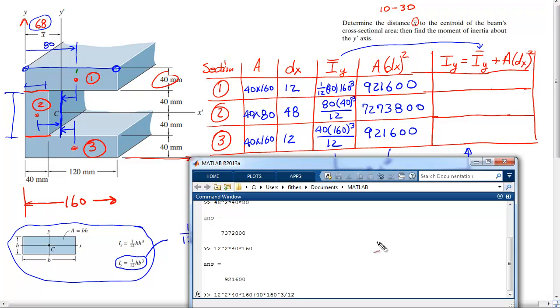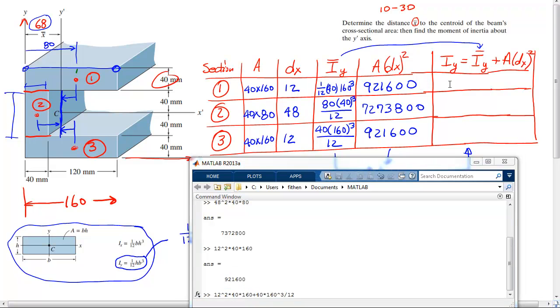I'm taking this number, which is essentially coming from right here. I'm taking the 40, 160 to the third over 12, and then I'm going to put it right there. Hang on, here we go.